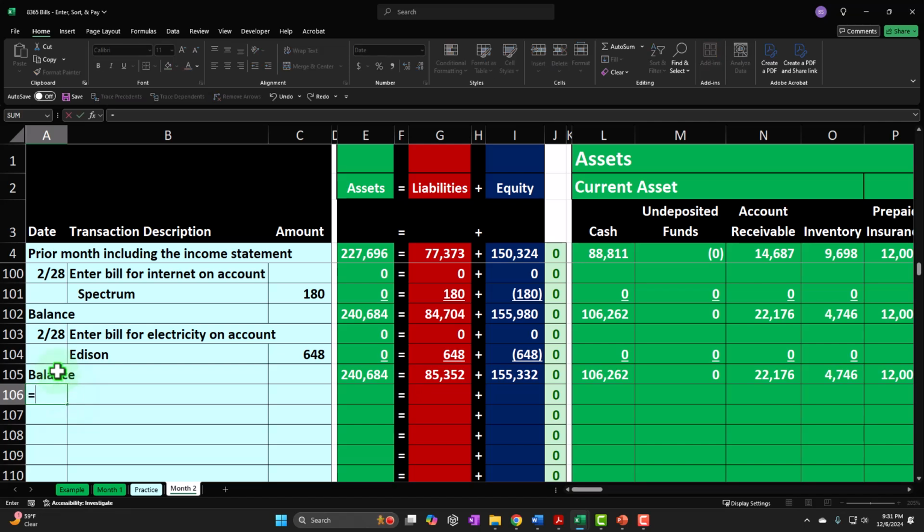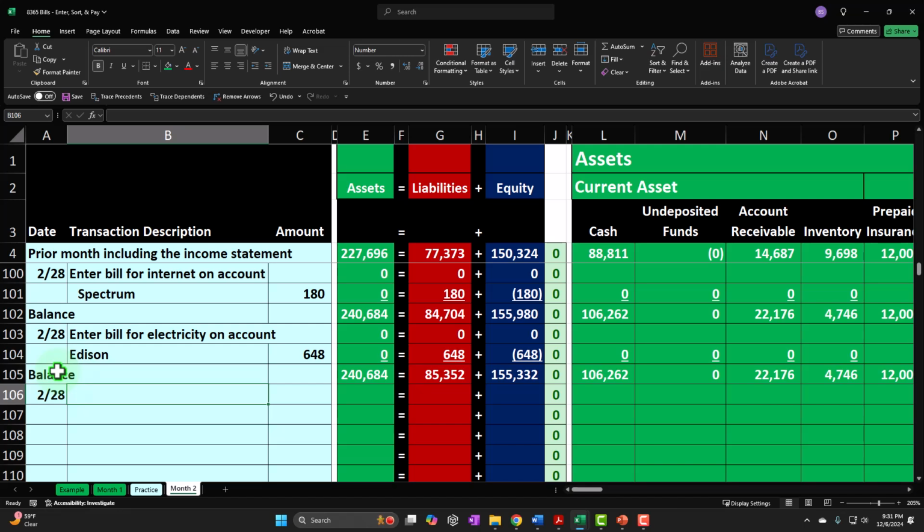So on 2/28, we're also going to pay the phone bill. So we're going to say now, this is what oftentimes like a QuickBooks would call a bill payment form for the telephone on account. Okay, so this is going to be, we're paying Verizon.